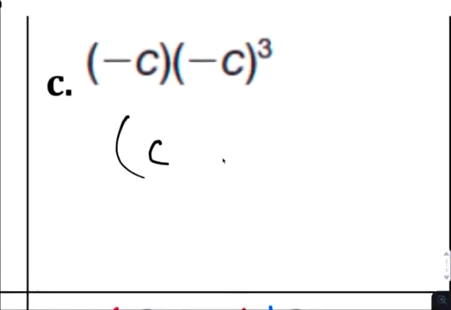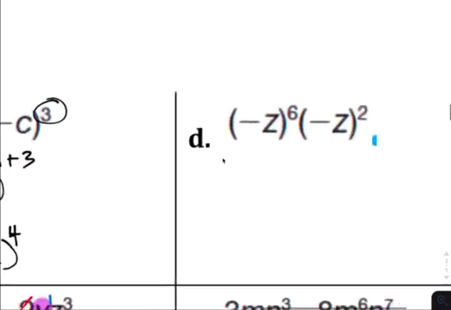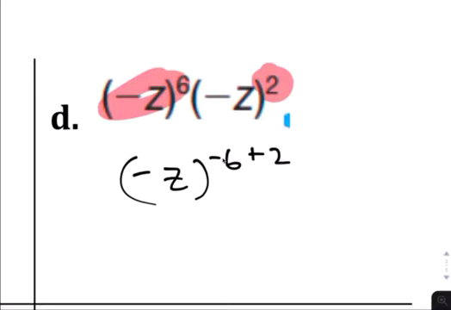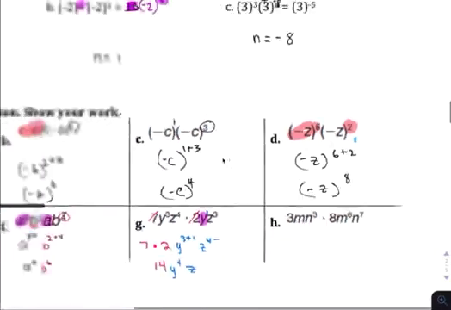Here's a -c to the 1 power, and there's 3 here. So you got 4 -c's altogether. And same here. There's 6 -z here, and there's 2 -z there. So therefore, you got 8 z, not -8.